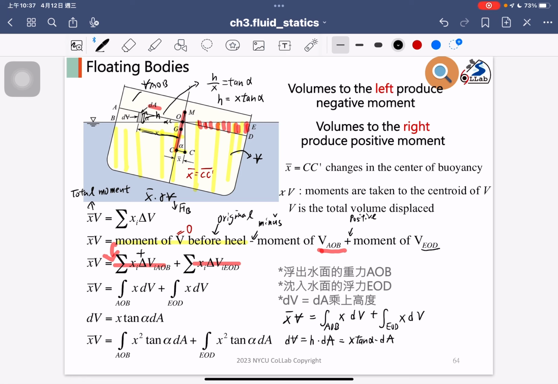And then we can rewrite the equation: x bar multiplied by the total displaced volume of the body will equal the integral over AOB of x squared tangent alpha dA plus the integral over EOD of x squared tangent alpha dA. Okay, so we write down the final equation here, and then you can take the tangent alpha outside.